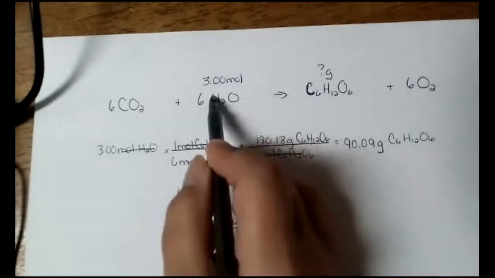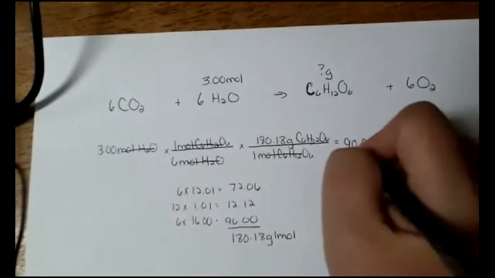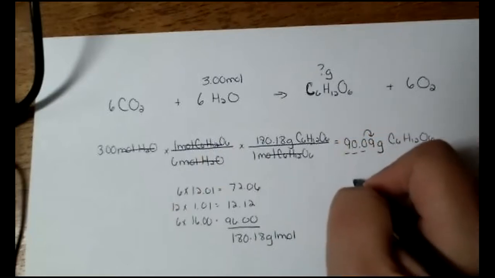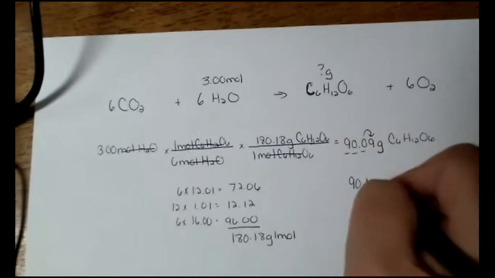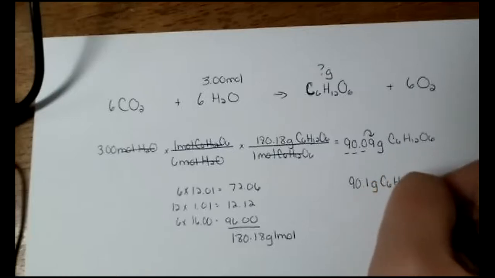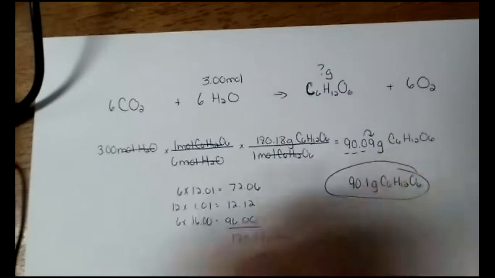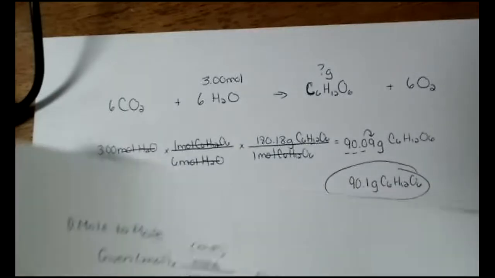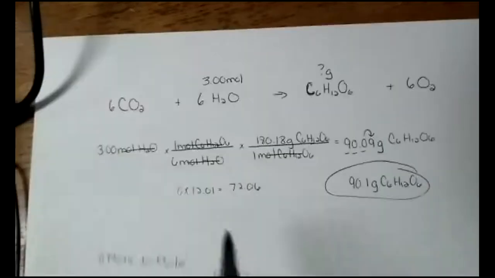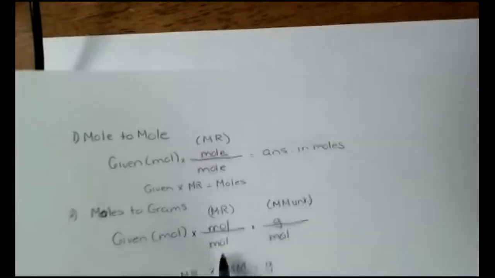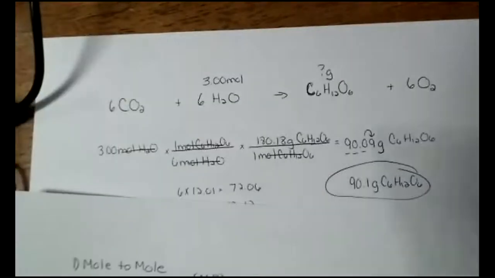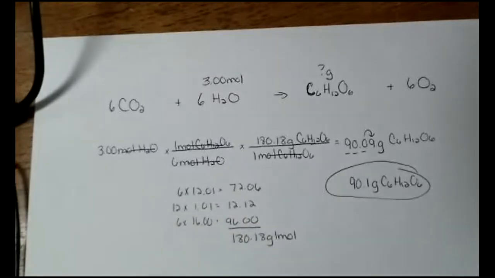And my given had 3 sig figs, so 1, 2, 3, and that's going to round it up, so it's going to become 90.1 grams of C6H12O6, and that's my answer. Okay, and if you look back at that little skeleton, you'll see given, mole ratio, molar mass, and that's your answer.